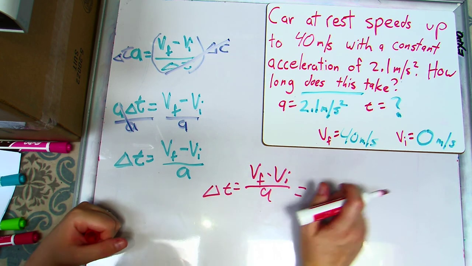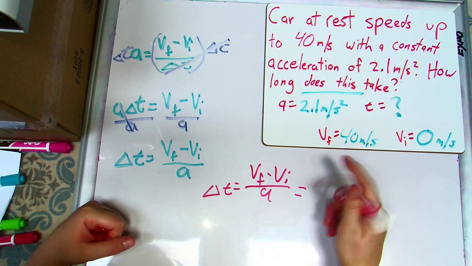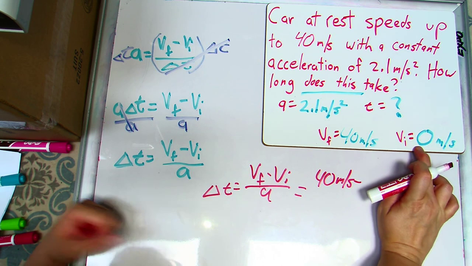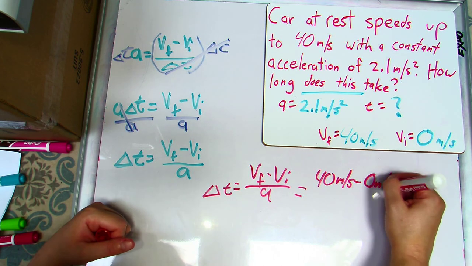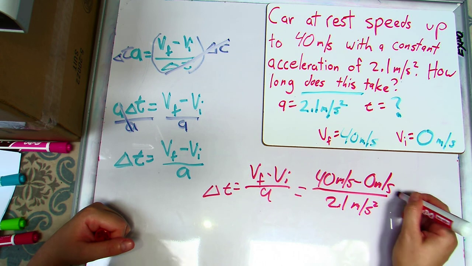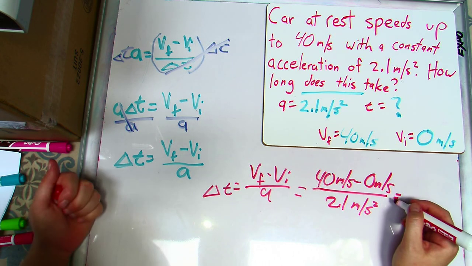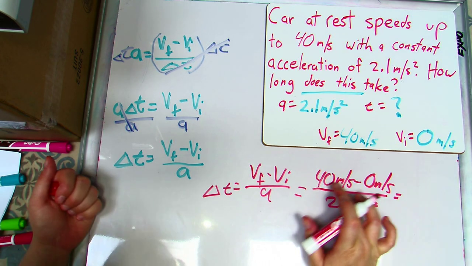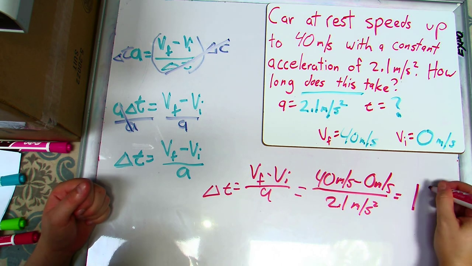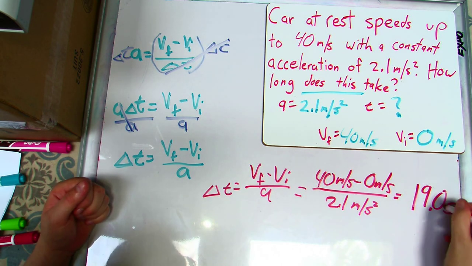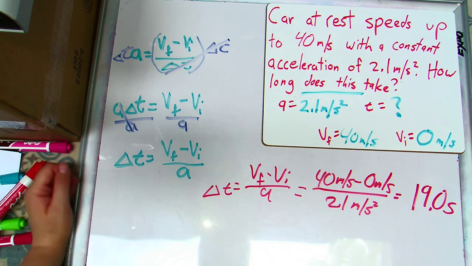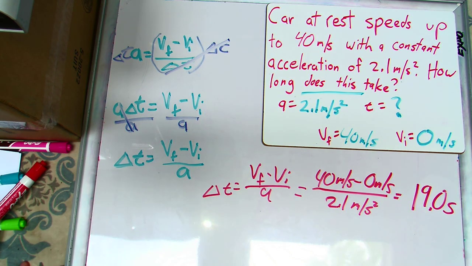The final velocity was 40, minus the initial, which was 0, over 2.1 meters per second squared. We go through, 40 minus 0 is just 40, divide by 2.1. The time it took for it to accelerate to 40 meters per second is 19 seconds.